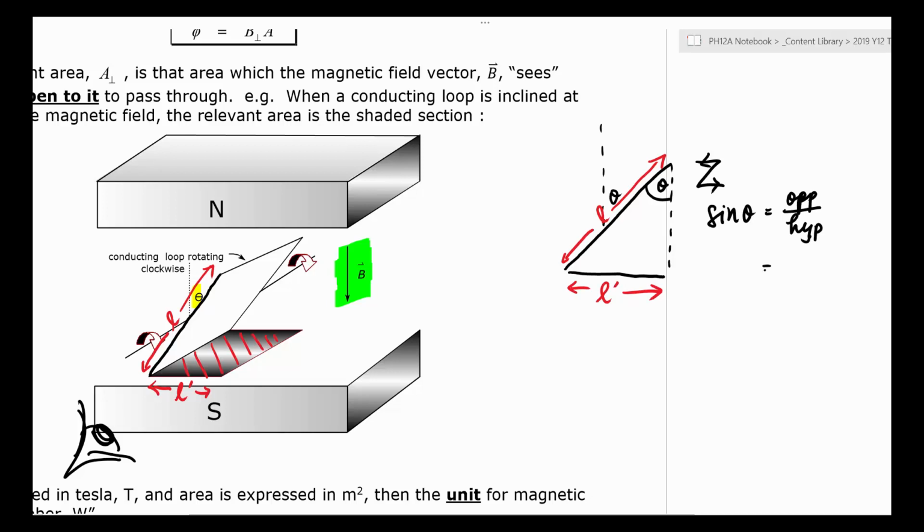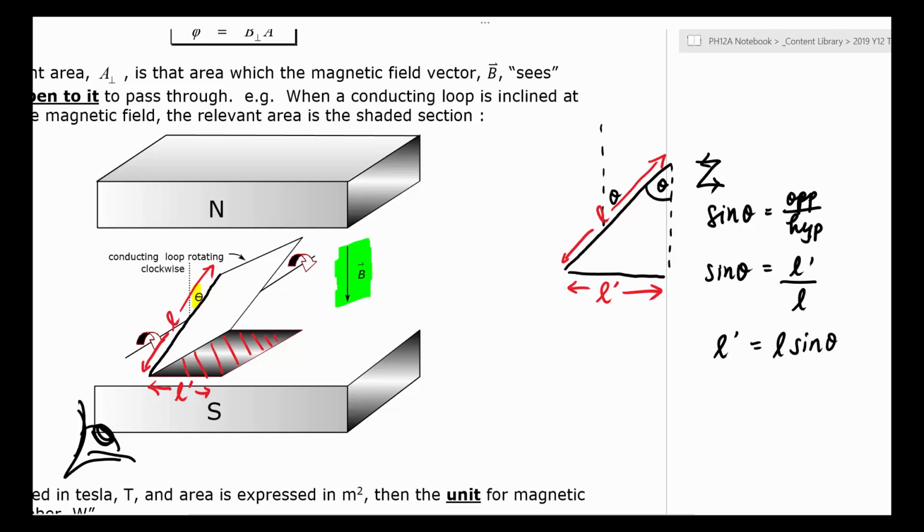Our opposite side is L dash, our hypotenuse is L, so sine theta is equal to L dash on L. So L dash by itself is really just L sine theta.